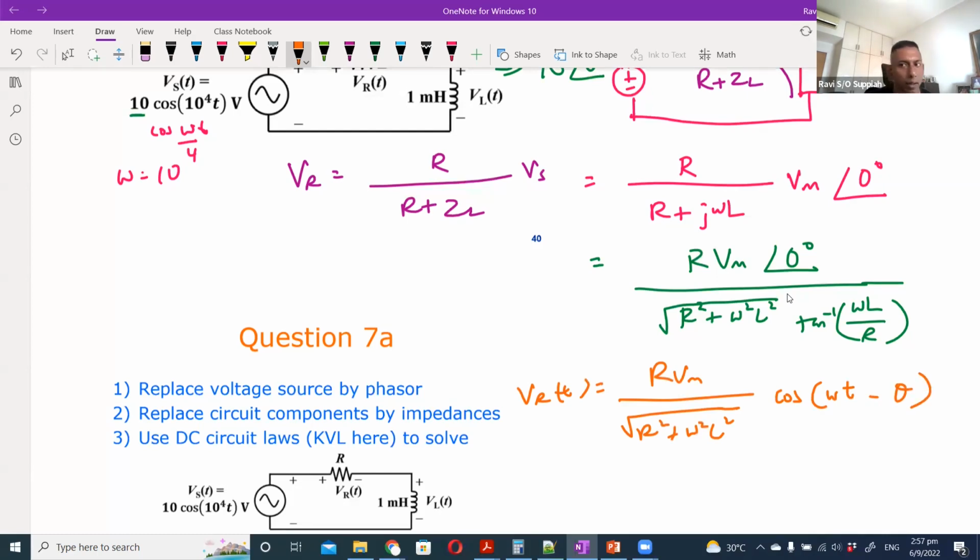Okay, and what is theta? Theta is this, so this is your angle. Basically, tangent theta is omega L by R, so theta is inverse tangent of omega L by R.